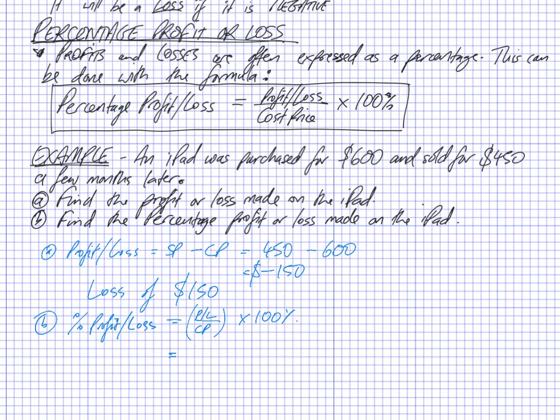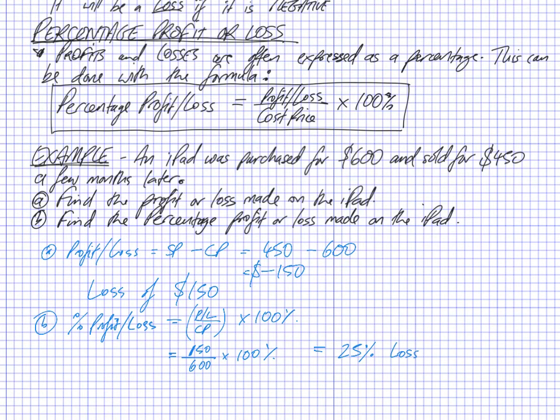It was $150 loss over the cost price, which was $600, times the answer to that by 100%, which just means I'm timesing it by 100 and I'm putting a percentage sign on the side there. So 150 divided by 600 times it by 100, so 25%.